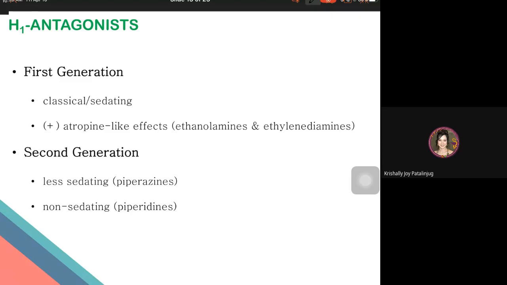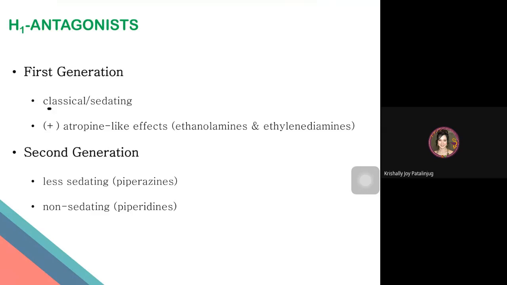So for first generation H1 blockers, they are also known as classical or sedating H1 blockers. Sedating because they are able to cross blood-brain barrier, BBB. Unsa man ang characteristic ni blood-brain barrier?